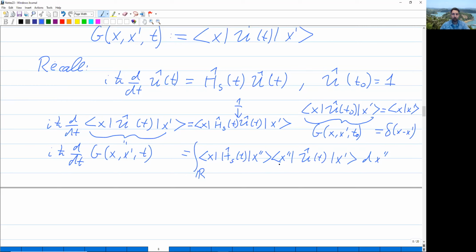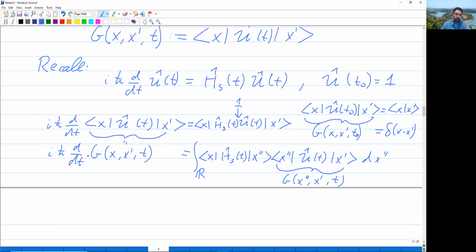Right, now here we recognize that this is our Green's function again. So we have, this is G of x double prime, x prime, and t. All right, so what we obtain here is an integral equation, a differential integral equation for our Green's function, right?